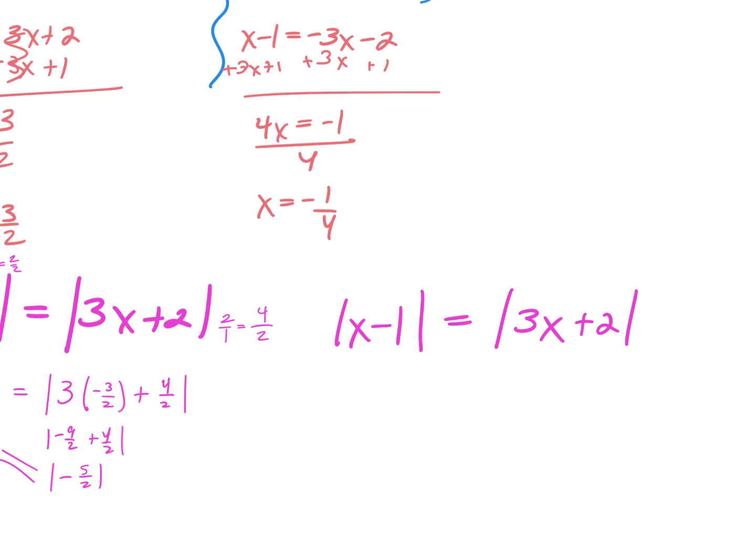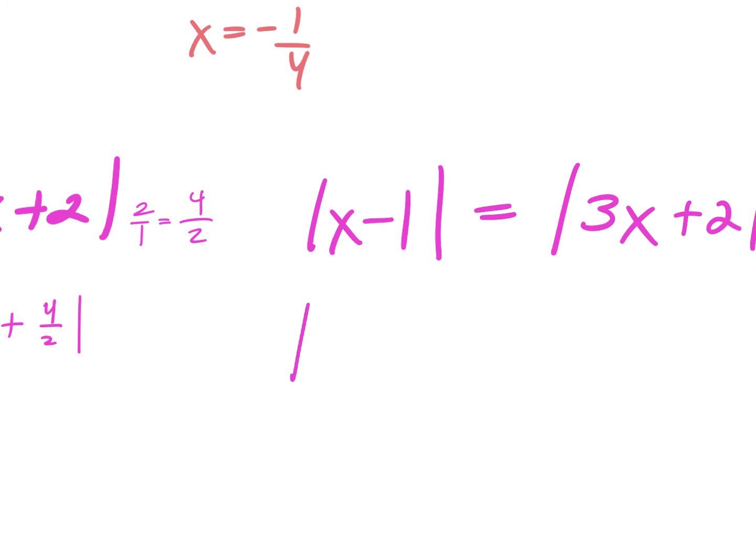It's okay. So I'm going to say negative 1/4 minus 1, right? I can change the whole number 1 to what over what to make it fourths? 4 over 4. So negative 1 minus 4 gives me negative 5 over 4.